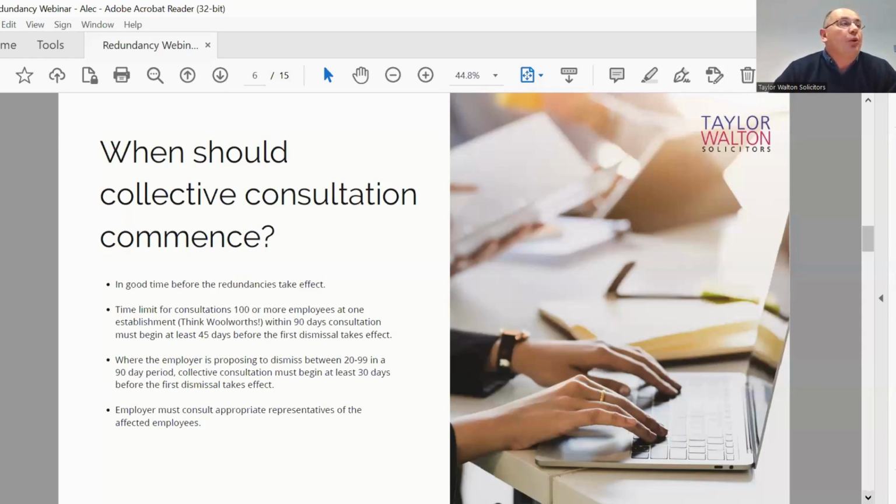So it's important, when you're considering collective consultation, to ask whether it is at one establishment or several. There may be ways of avoiding collective consultation if the establishment has fewer than 20 staff.